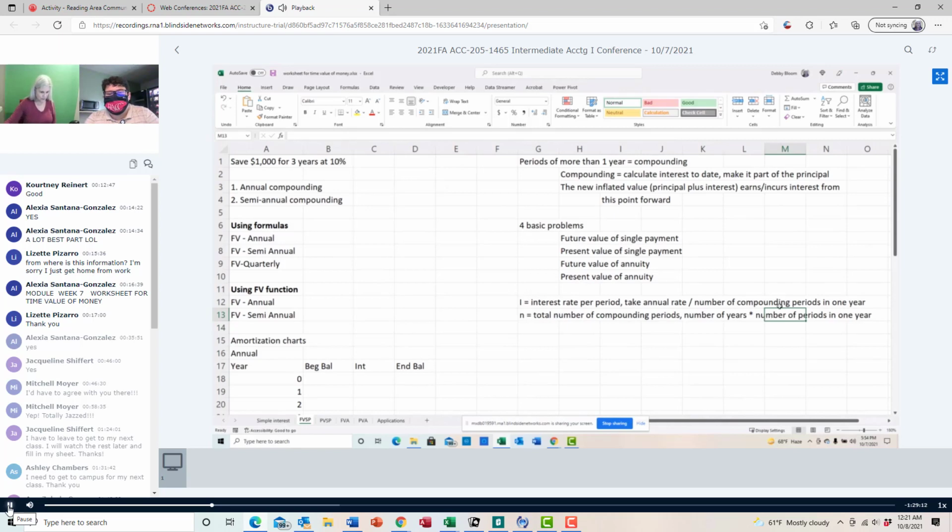We should be on the first tab right now, FVSP. In your book, the example is that you save $1,000 for 3 years at 10%. They showed an example with annual compounding. I'm going to show an example with semi-annual compounding. The problem we're working with right now, future value of a single payment, is where you make a deposit into a savings account.